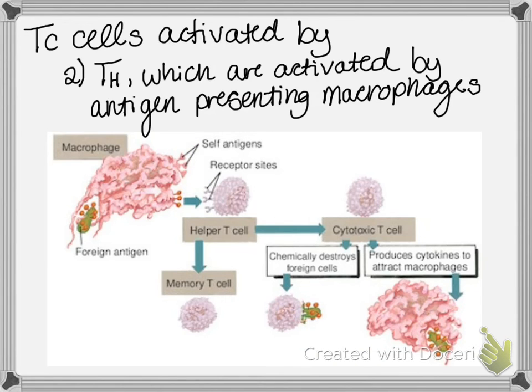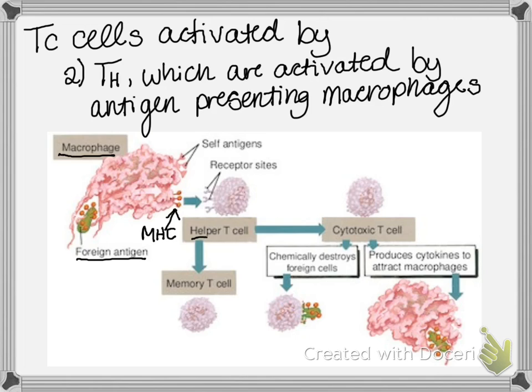The other way that T cells can be activated in the cell-mediated response is actually a faster way, which involves helper T cells. So if you remember back to the previous video, macrophages engulf some sort of foreign antigen, so in this case a virus. They present antigens on their surface with class 2 MHC molecules.